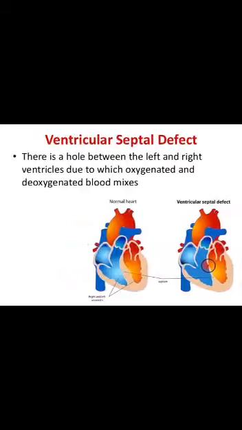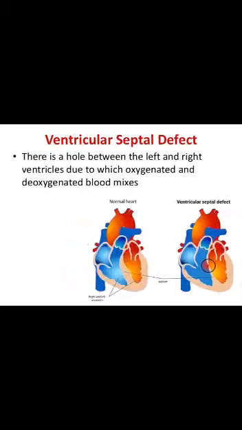Next is ventricular septal defect. So, what is a ventricular septal defect? There is a hole between the left and right ventricles, due to which oxygenated and deoxygenated blood are mixed.